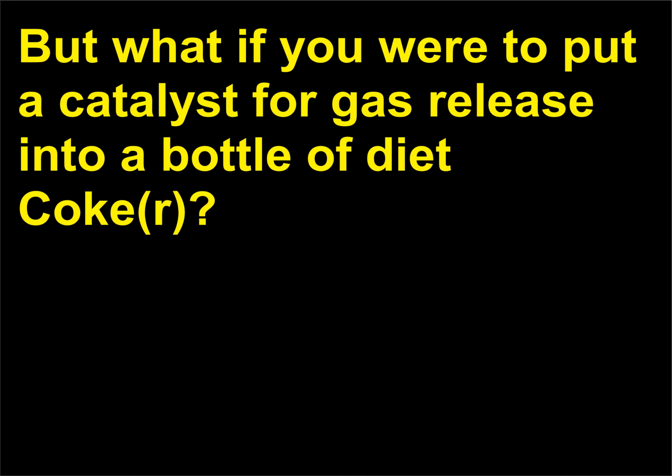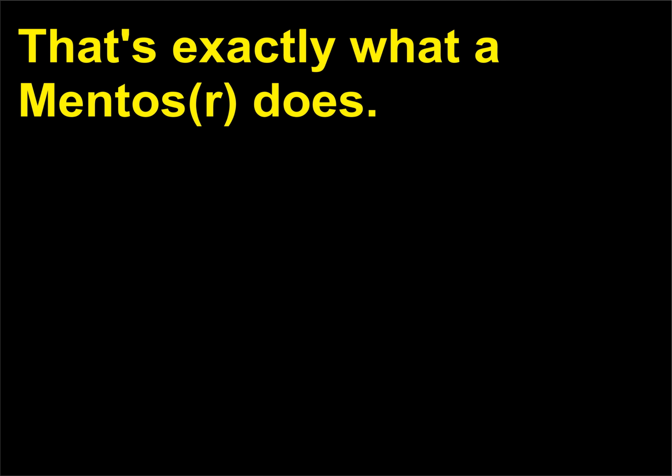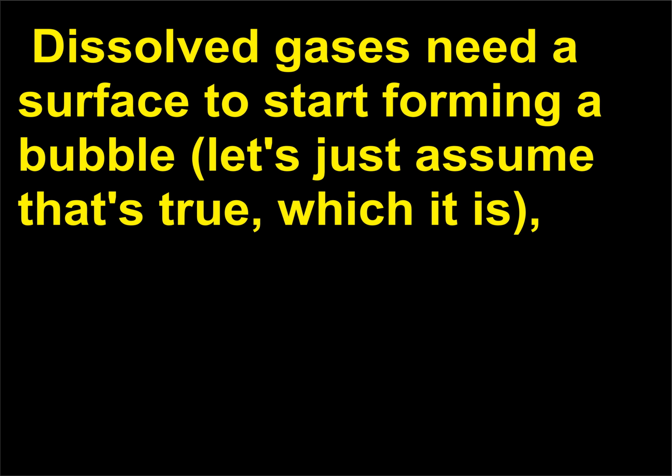But what if you were to put a catalyst for gas release into a bottle of Diet Coke? That's exactly what a Mentos does. Dissolved gases need a surface to start forming a bubble, let's just assume that's true, which it is.